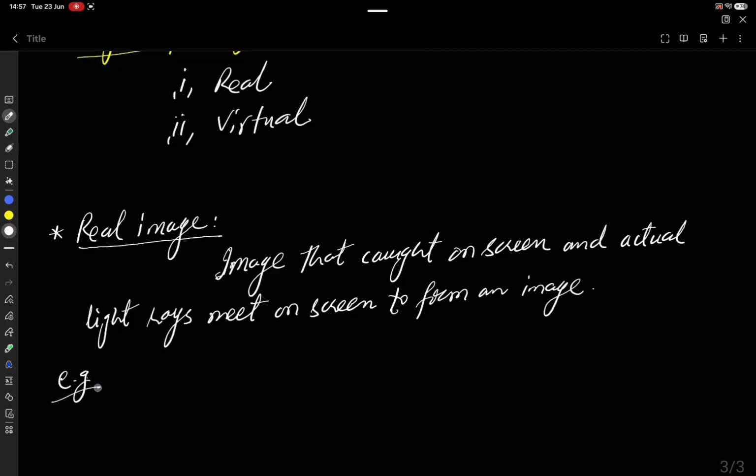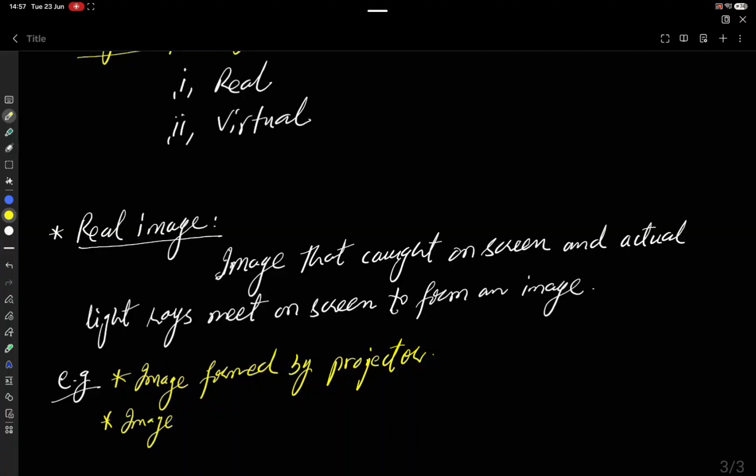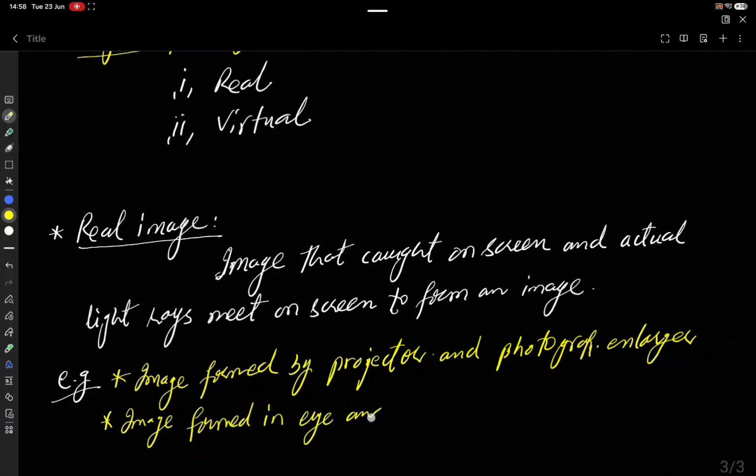Examples: image formed by a projector, photo, and image formed in the eye and camera.